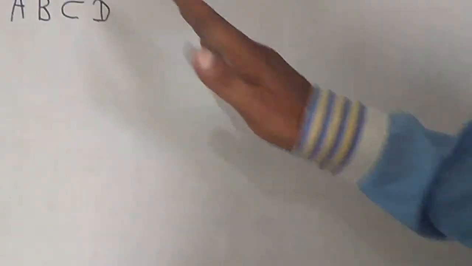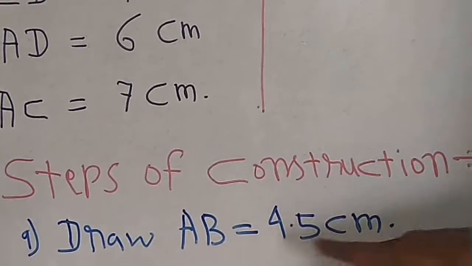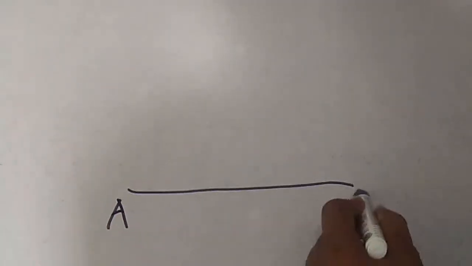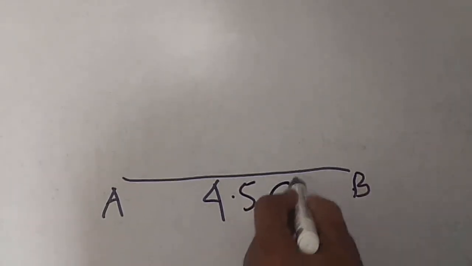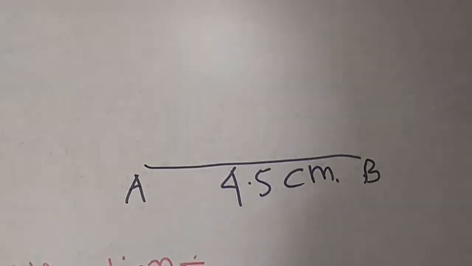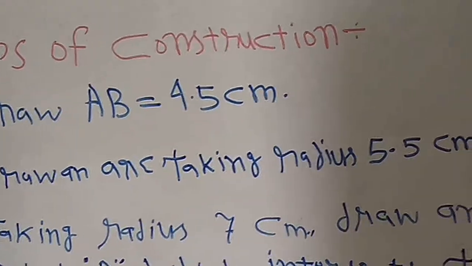Drawing the quadrilateral ABCD, the steps of construction. Step number 1 is draw AB equal to 4.5 centimeter. So first we are drawing AB equal to 4.5 centimeter with the help of pencil and ruler. In our next step number 2, draw an arc taking radius 5.5 centimeter.